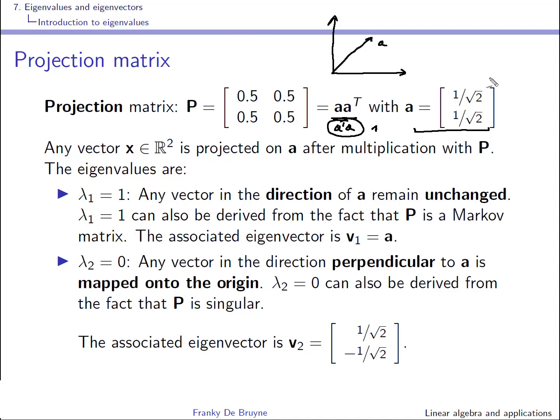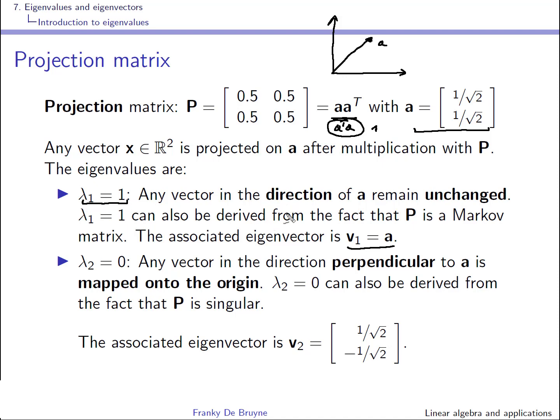Well, for this case, it's quite easy to know what the eigenvalues and eigenvectors are, because of course there is one vector that will be projected on itself. That's the vector A. So one eigenvector will be A, right? And the associated eigenvalue will be lambda equals 1.